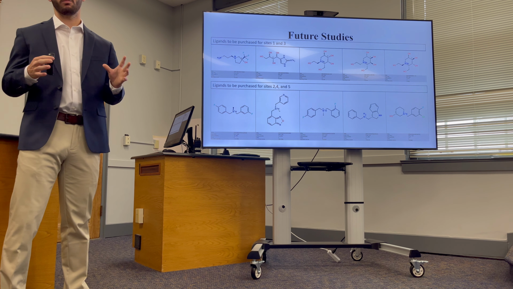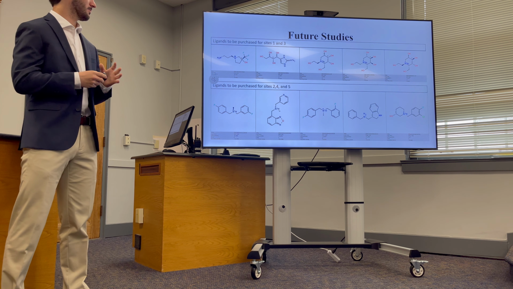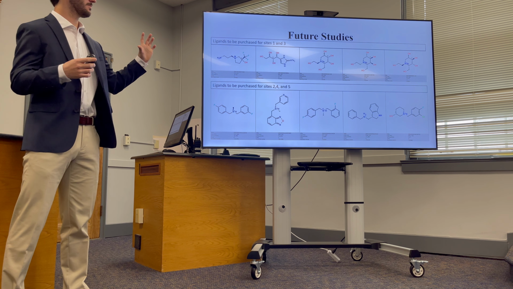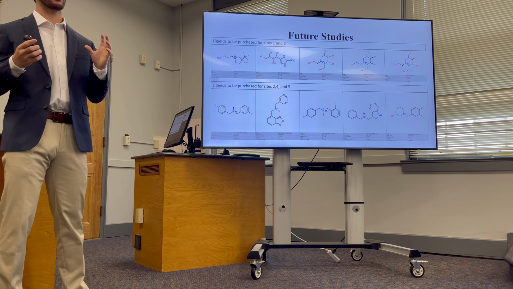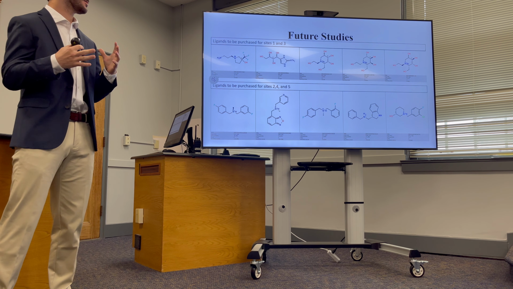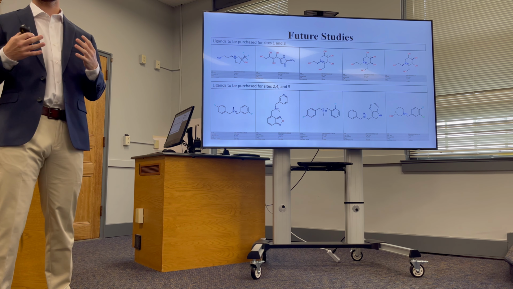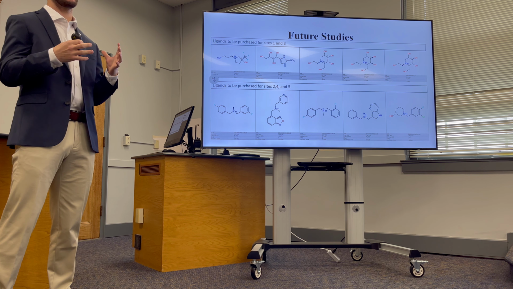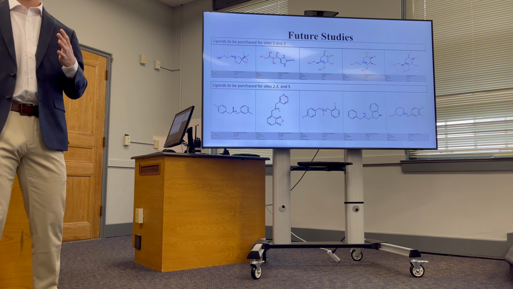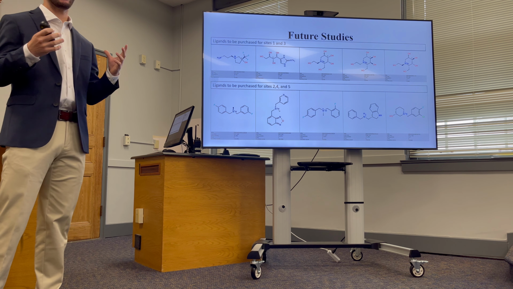So the big thing here is that some of these are very good hits, but some of them also have some problems with the other data that we found. That means that we're going to use it more as a scaffold to see if we can adjust other parts of it to keep that ability to bind to GABAA, but maybe take away some of the negative qualities.